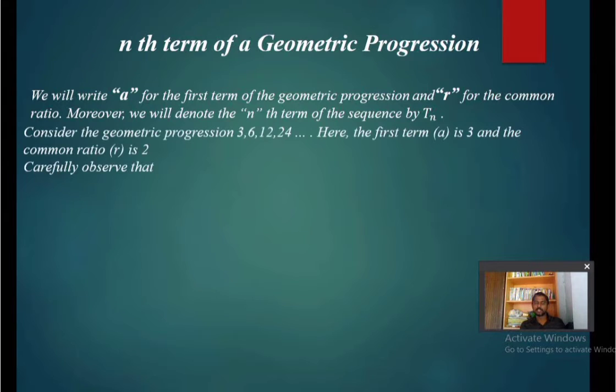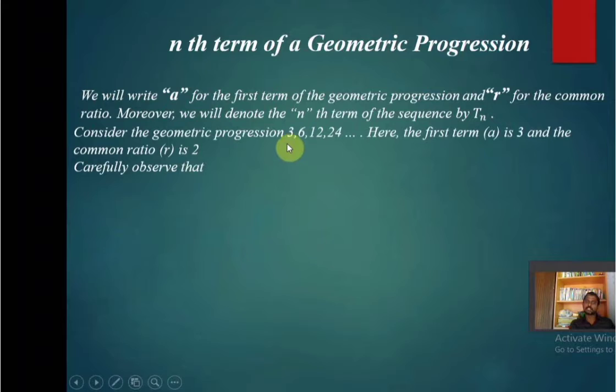Consider this geometric progression: 3, 6, 12, 24. The first term is 3, and the common ratio is 6 divided by 3, 12 divided by 6, 24 divided by 12, which is 2. So the common ratio is R.